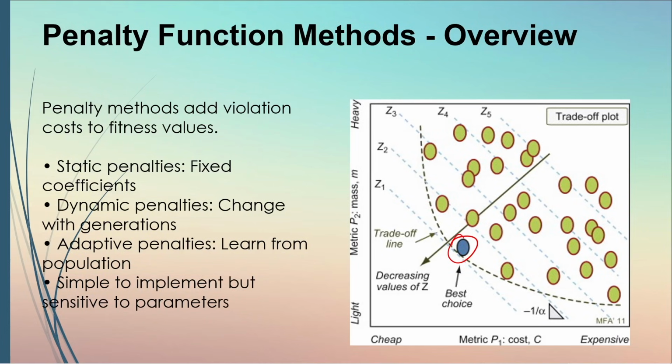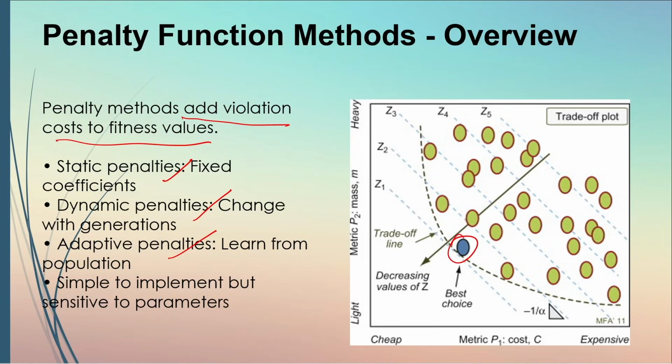I can add violation to the cost. What are the ways I can add it? Static penalties, dynamic penalties, adaptive penalties. These are the three ways I can add a penalty in order to nullify the constraint.